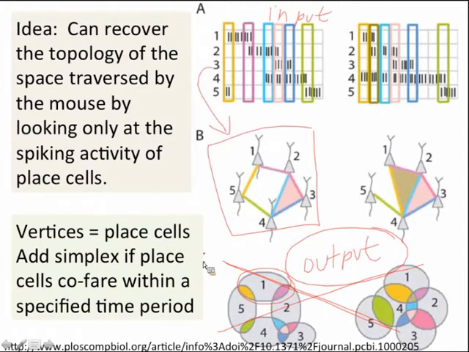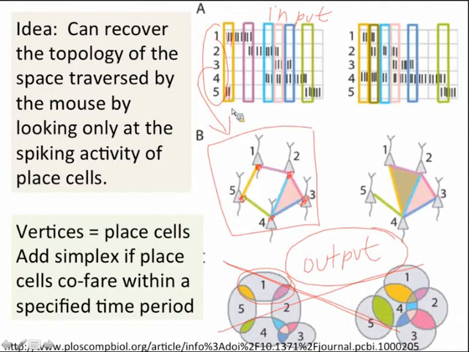But you can see that if we do something similar, where now instead the vertices here represent a place cell. So for each of our 5 place cells, we have a vertex. And then we can draw an edge if 2 place cells have spiking within some time period.